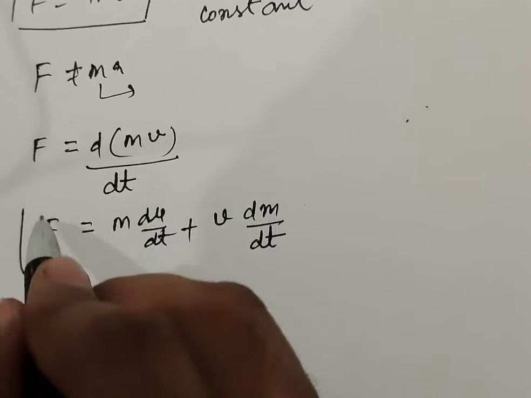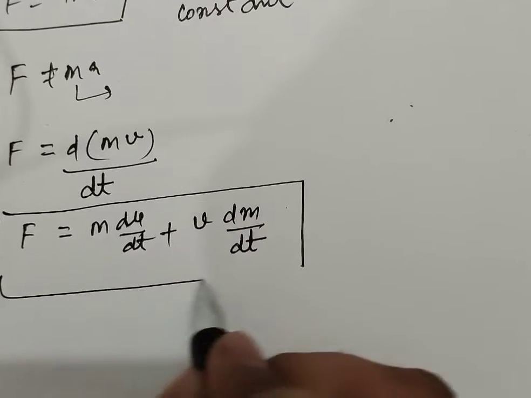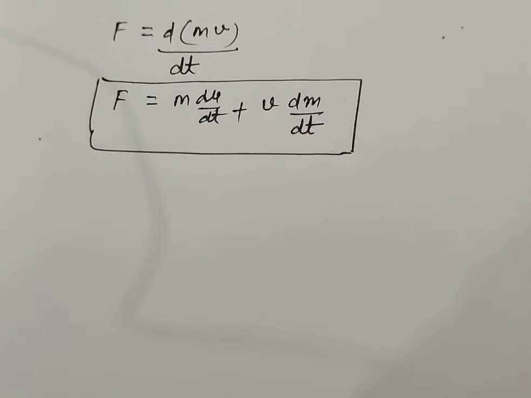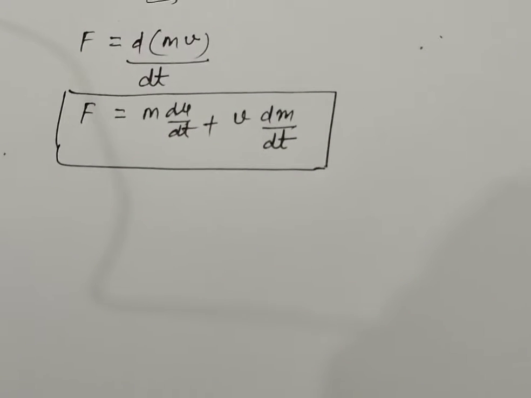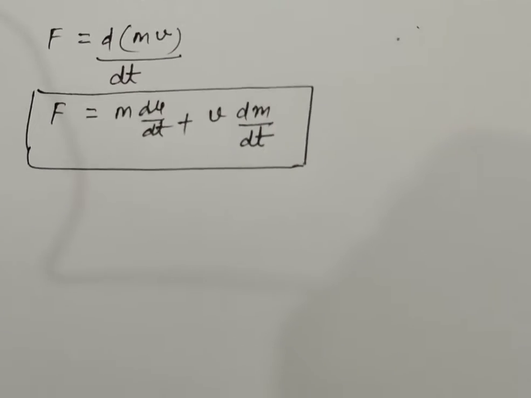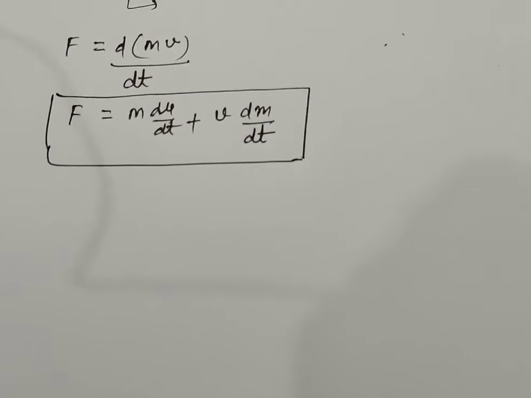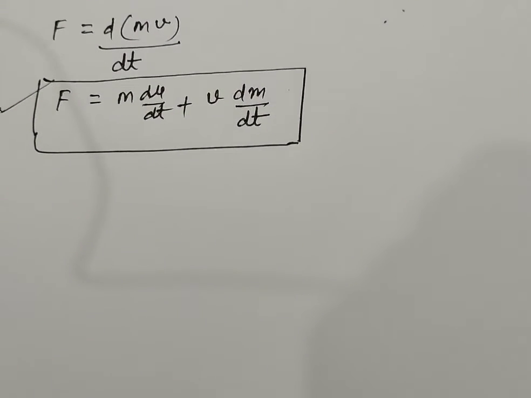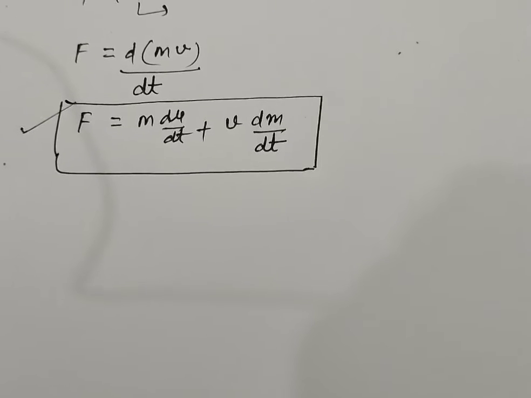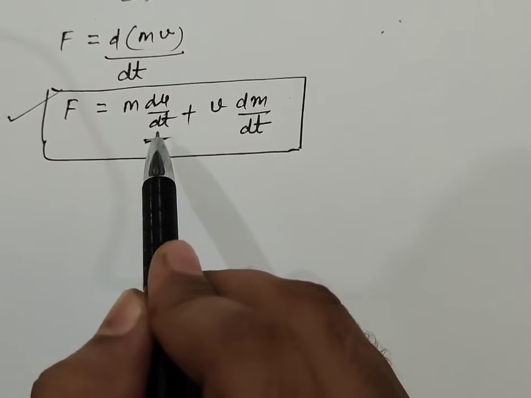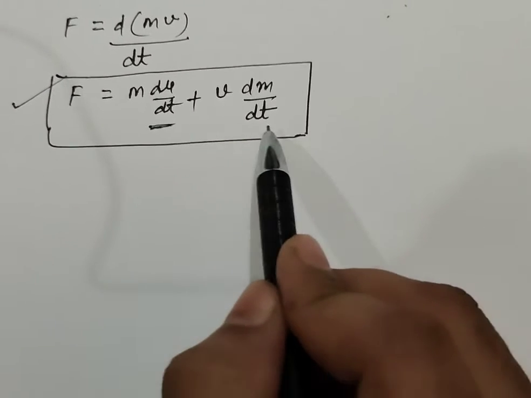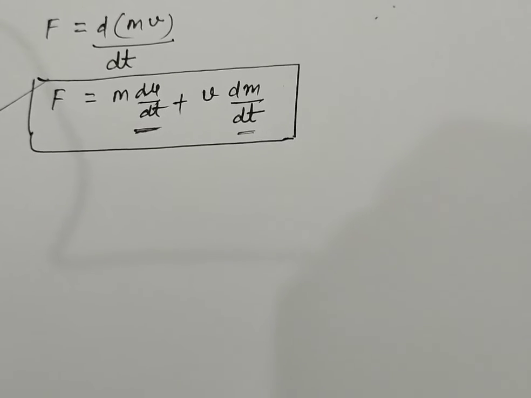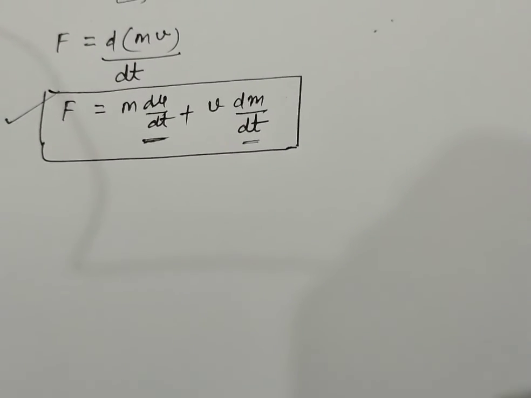It is the actual differential form of the force equation when mass and velocity both vary. Here dv by dt is the acceleration, and dm by dt is the change of mass per unit time.